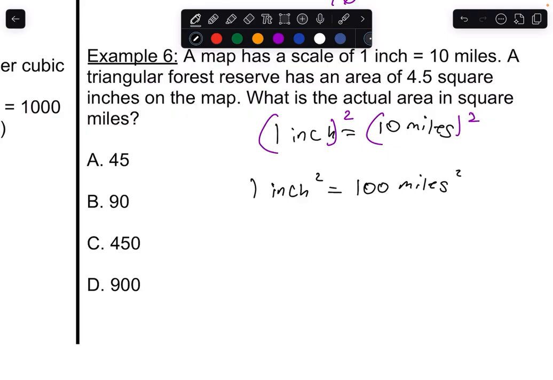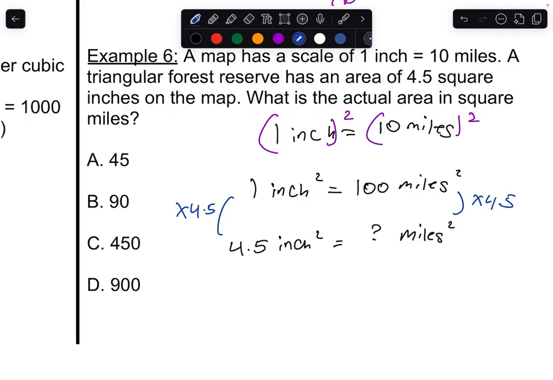You have 4.5 inches, and you want to end up in square miles. Therefore, if you multiply one side by 4.5, you have to multiply the other side by 4.5. 100 times 4.5 is 450.